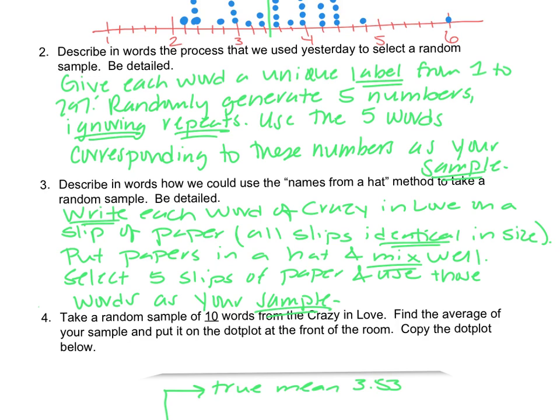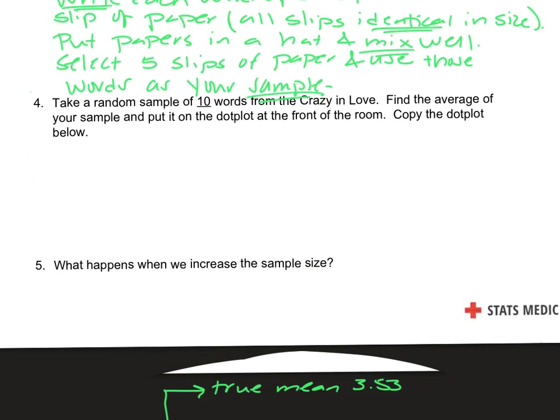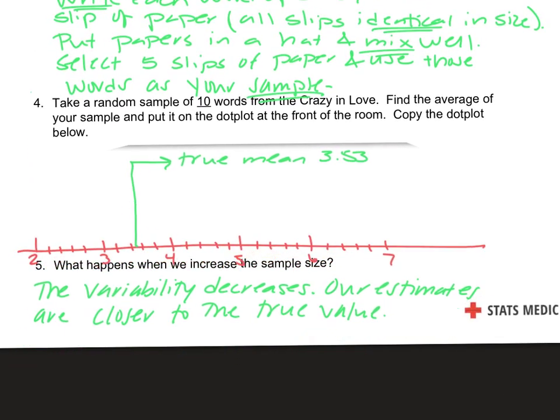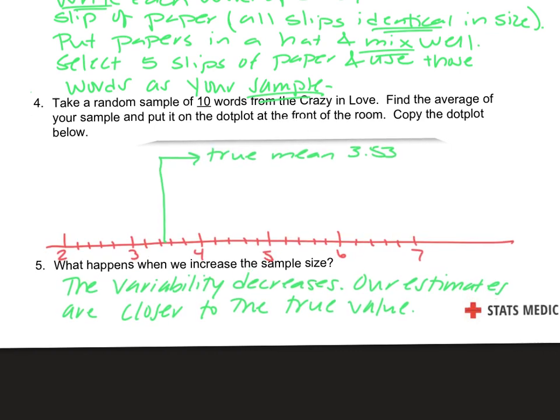Okay, so again, what I want you to do is take, or you should have taken, 2 random samples of 10 words from the song Crazy in Love, finding the average of the sample and putting it on the new dot plot that we're creating at the front of the room, however y'all decided to do that. So you'll have some sort of dot plot here.